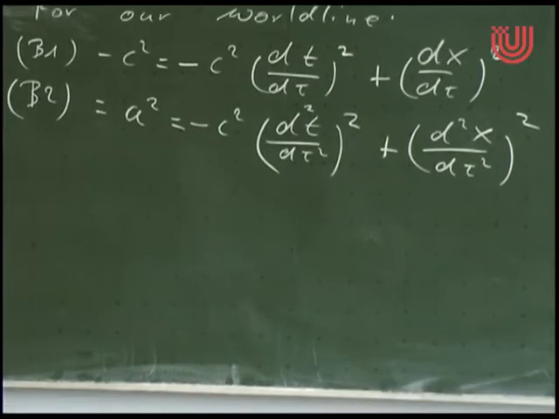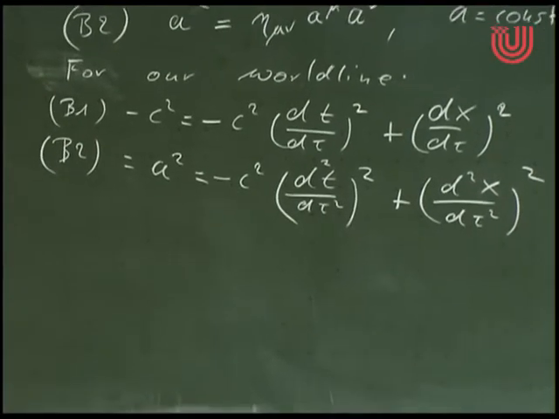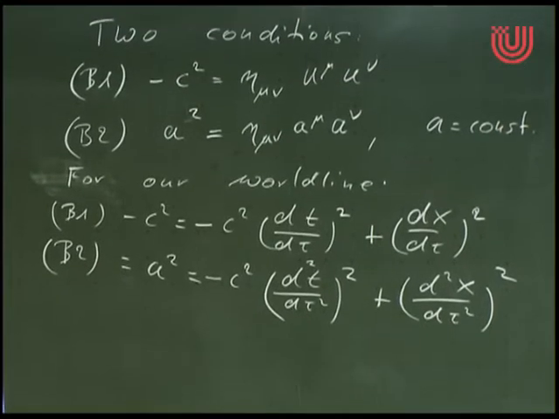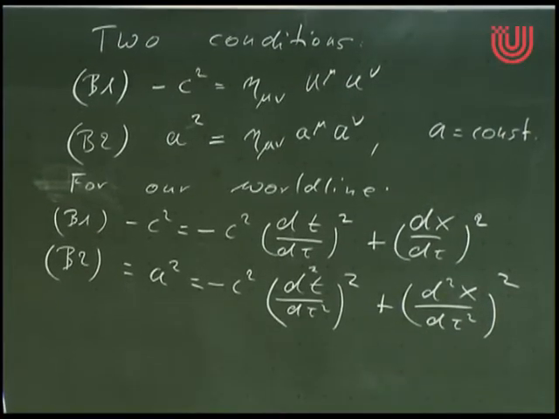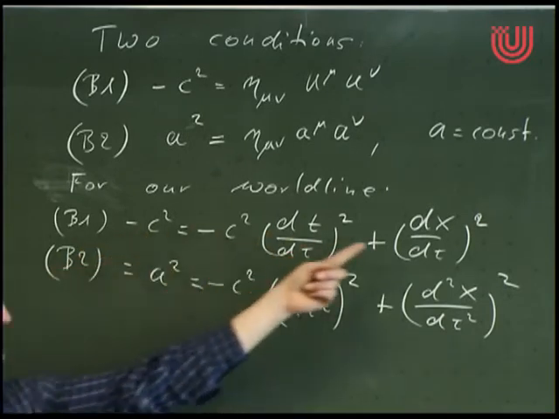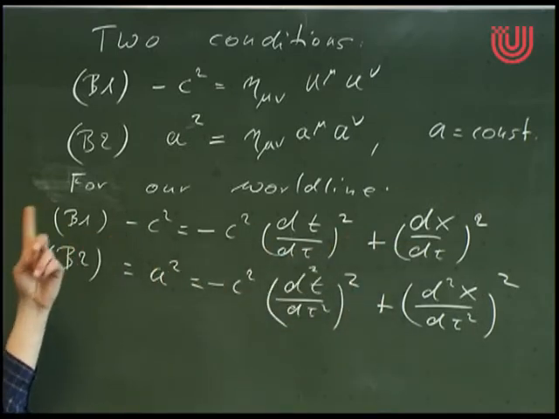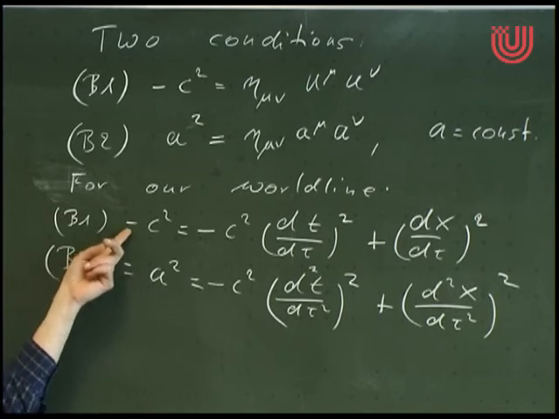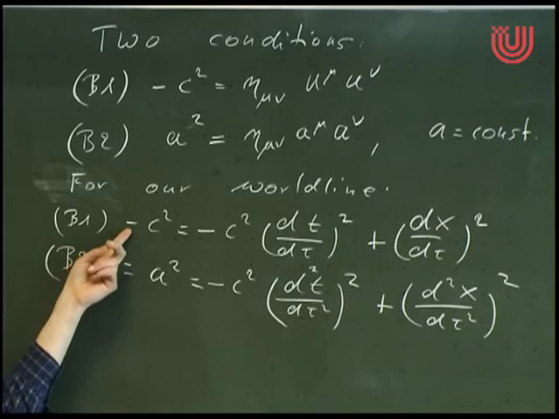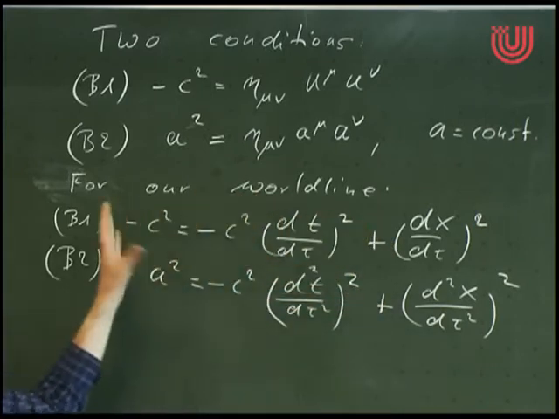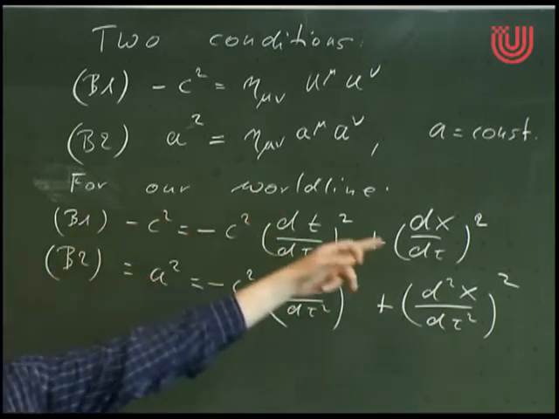Now there are various ways, and what you get is a system of differential equations, right? You have to solve a system of differential equations for the unknown functions x of tau and t of tau. Well, there are various ways of doing this. The clever way is to carefully look at this equation and then make an ansatz. You remember hopefully the identities for the hyperbolic trigonometric functions. So if you have something of the form a squared minus b squared is 1, and that's the form of this equation, right?